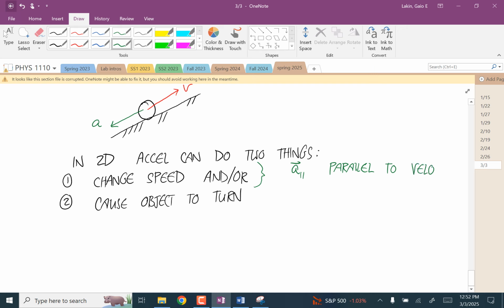And then what makes an object turn is the part of the acceleration that's perpendicular to the velocity. What is that symbol? That's two lines that are parallel. That's the sign for parallel. And this is the sign for perpendicular.